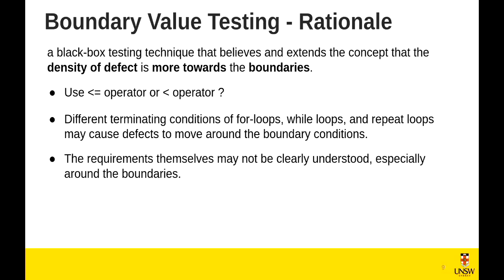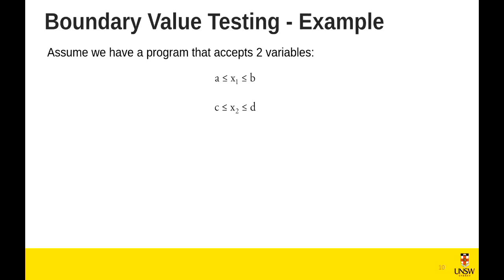And sometimes the requirement may not be clearly understood, especially around the boundaries. There are some unclear descriptions about boundaries. So boundaries are more likely to have bugs, so we should test around the boundaries. We should build our test data, our test input, around these boundaries.